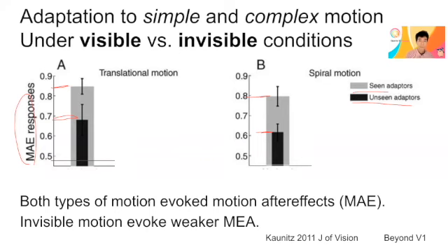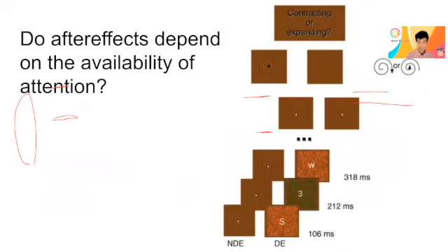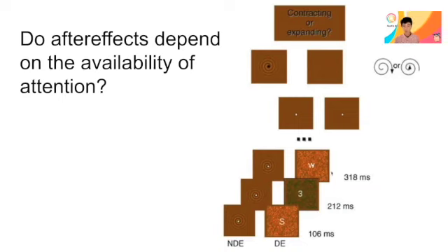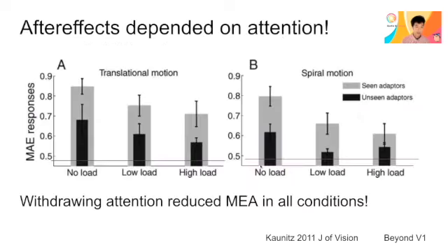Now the critical thing is that they also tested an attention manipulation, right? They asked subjects to count numbers or letters and so on at the fixation. What happens? That's the question. It turned out that withdrawing attention affected both visible and invisible adaptation.